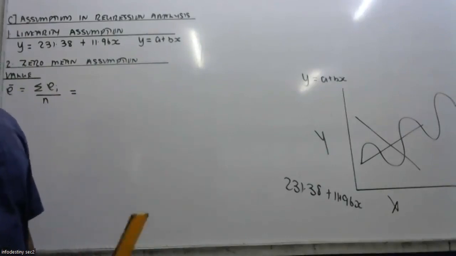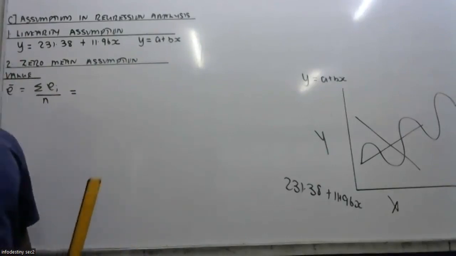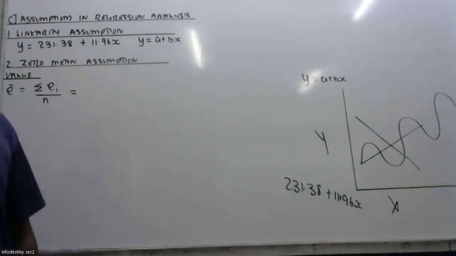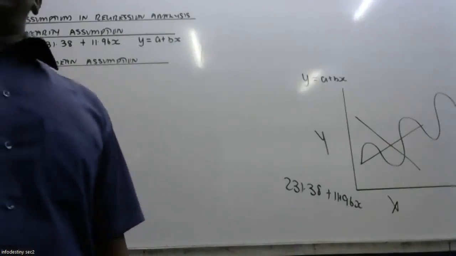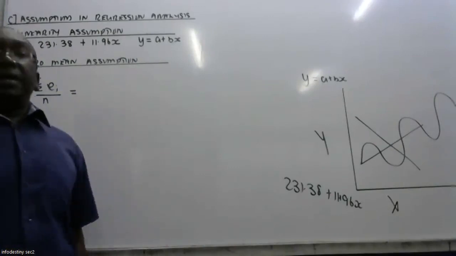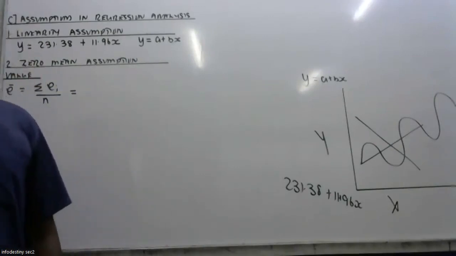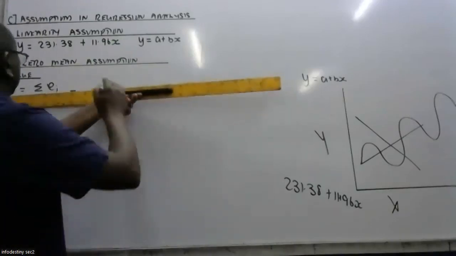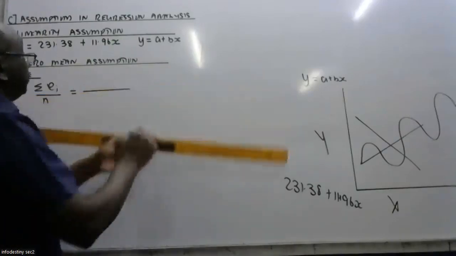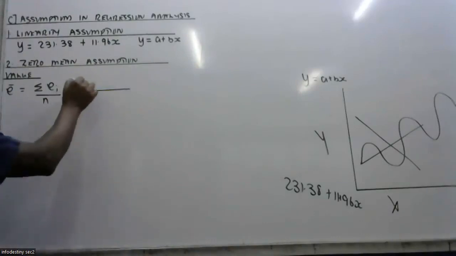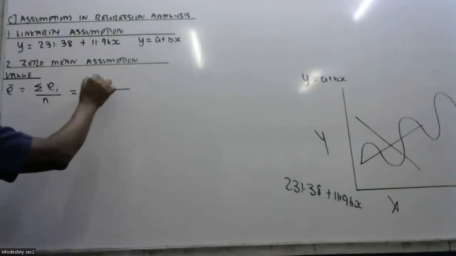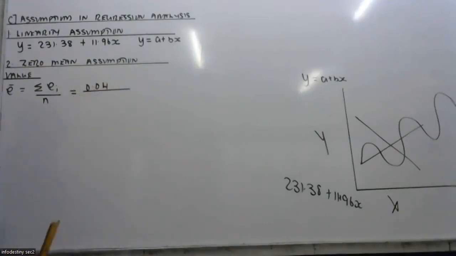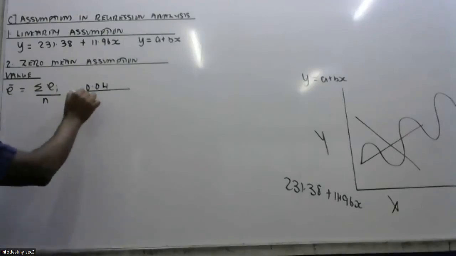Remember, these e_i are Y minus Y predicted. So go to the column we created in our data, Y minus Y predicted. Read the total down below: .04. Now divide this by 12.